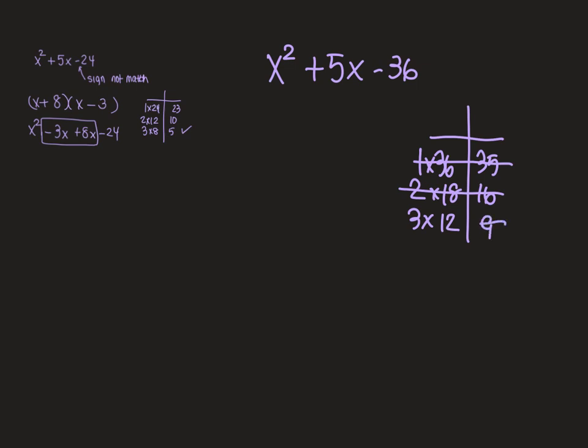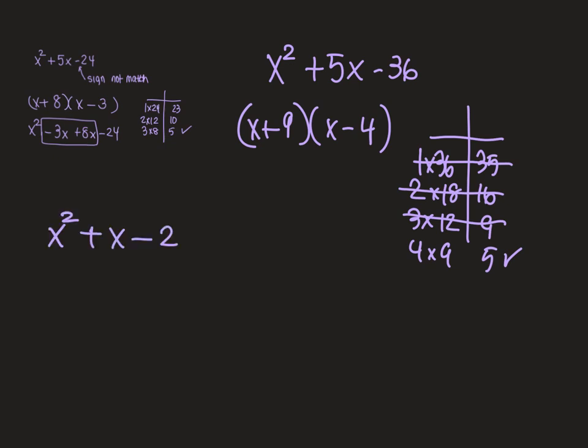We're getting closer. Still doesn't subtract and work. 4 times 9, bingo. That's 5 when we subtract. So I know I'm going to have one of each. x plus something, x minus something. I know that my bigger factor has to go with the plus sign, and the smaller factor goes with the minus sign.